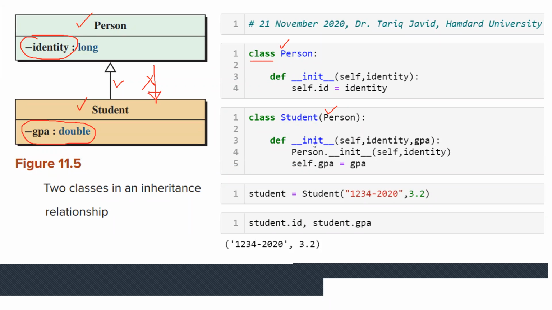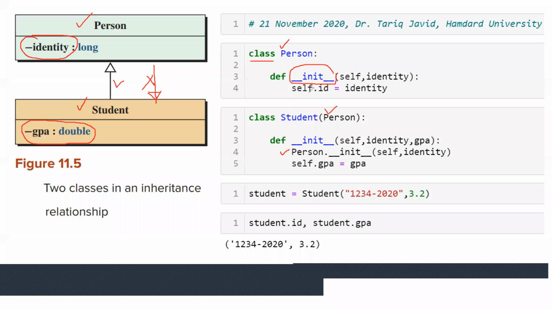When we define it, one more thing you have already observed: in the initialization, we also call the default member function in the person class, which is this init, so that the identity is assigned to a student and the GPA as well. Then we write self.gpa is GPA.